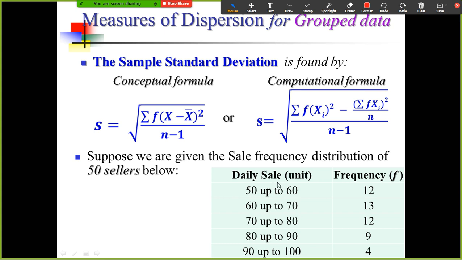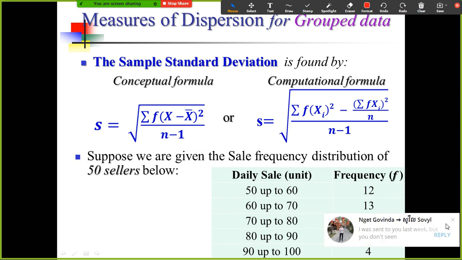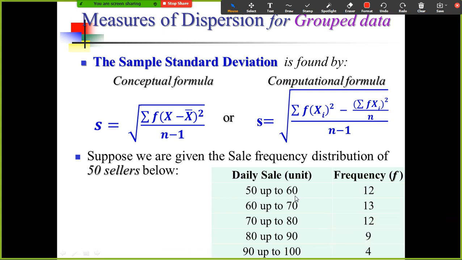This column represents the quantity, or number of units of product sold. So based on this table, we can see that there are 12 sellers who can sell the product from 50 to 60 units per day, because it is daily.